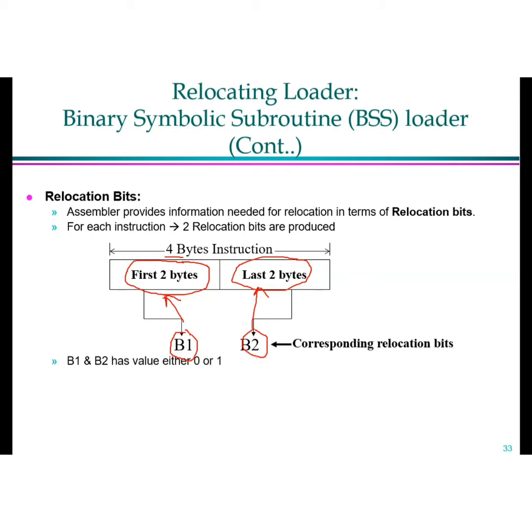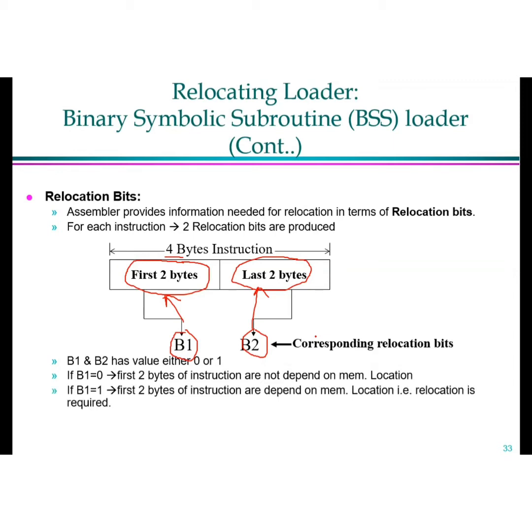If my first bit B1 is 0 as well as B2 is 0, then 00 means the current instruction doesn't require any relocation. It is independent of the address. When the bit is set to 0, it says that particular bytes are not dependent on the starting memory location, so no need of relocation.